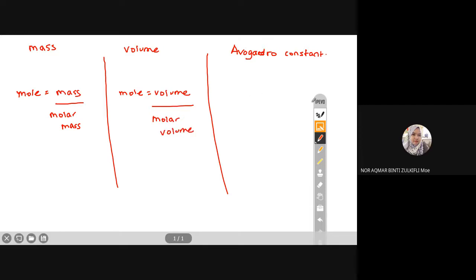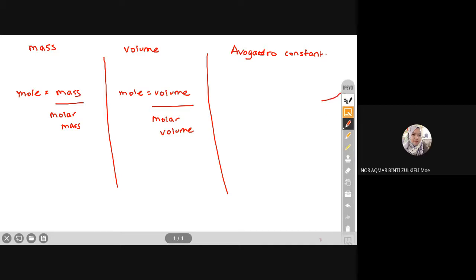For Avogadro constant, mole equals number of particles, meaning atoms, molecules, or ions, divided by Avogadro constant, or we call it Na.